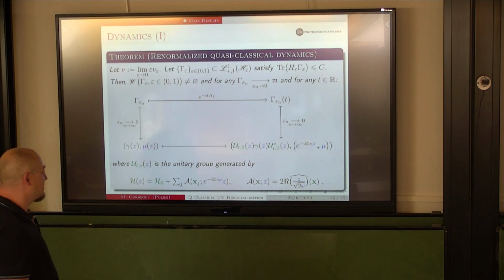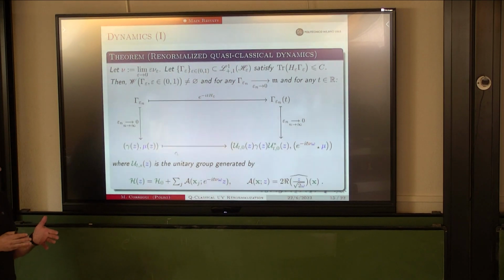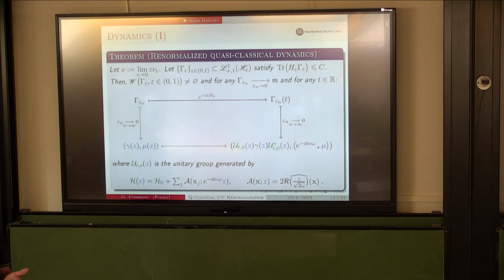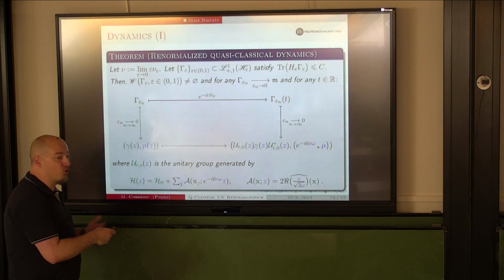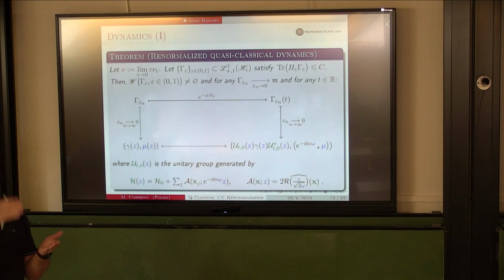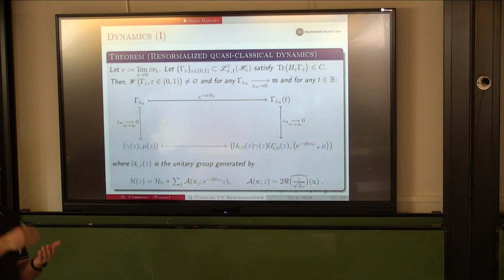It just tells you that the combined state of your system is something rather complicated. In fact, this evolution is not even Markovian. It has a memory. In the sense that, in general, say for nu equal to 1, you have no group property. If you take the evolution from time s to time t, and from time t to time, say, z, that's not the same as taking the evolution from s to z.